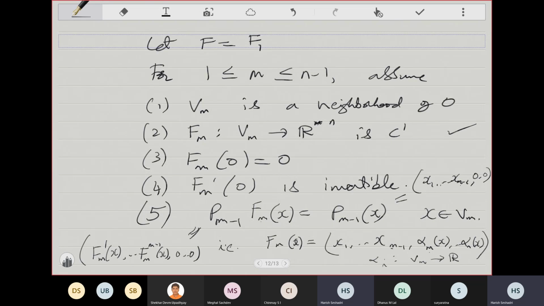That's by hypothesis. F1 prime 0, which is F prime 0, is invertible. Well, we assumed it's invertible at every point, not just at 0, so this is also okay. Then what about this one?